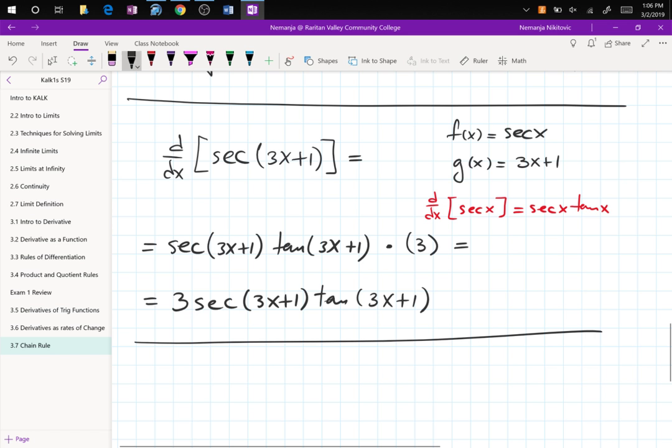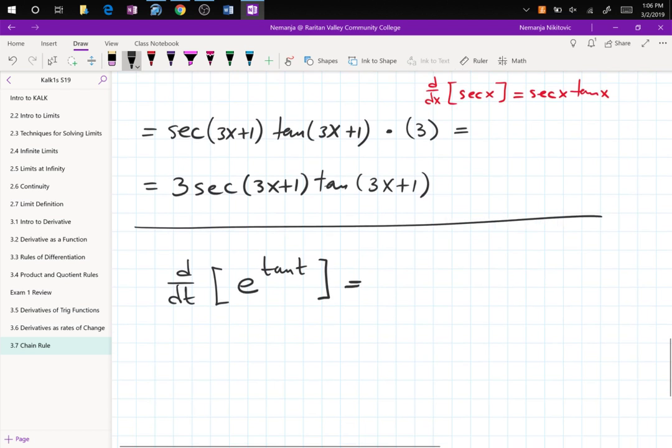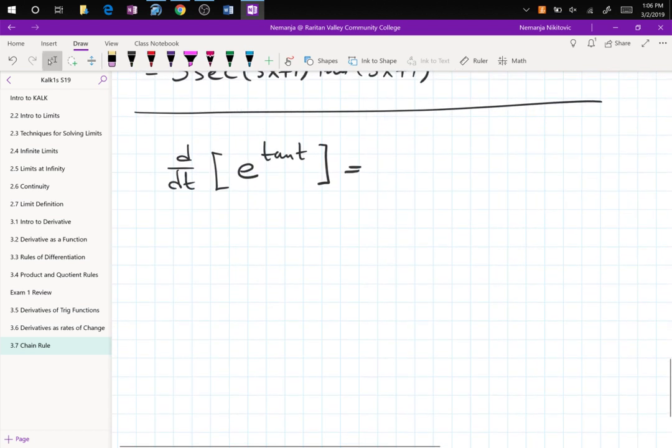This is cool. The derivative with respect to t of e to the tangent t. Think about this one.